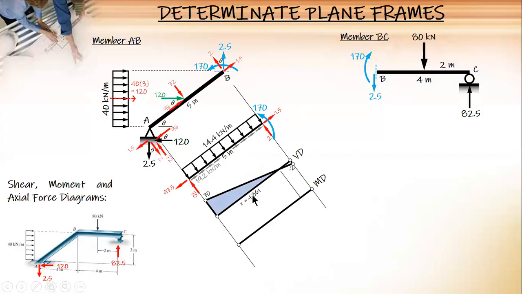Get the area: 1/2 of 4.861 times 70 is 170.14. And then minus this area. The result is 170, to be balanced by this. And then axial, this is tension, right? It is away from the joint.